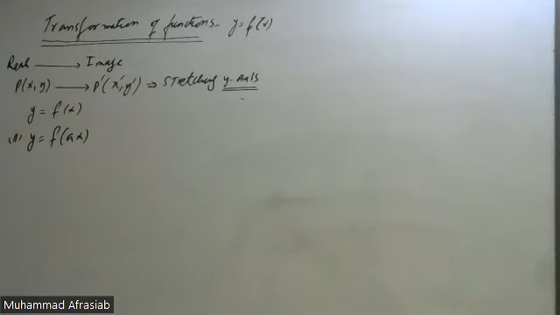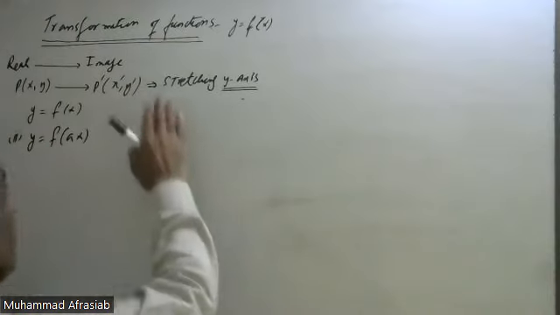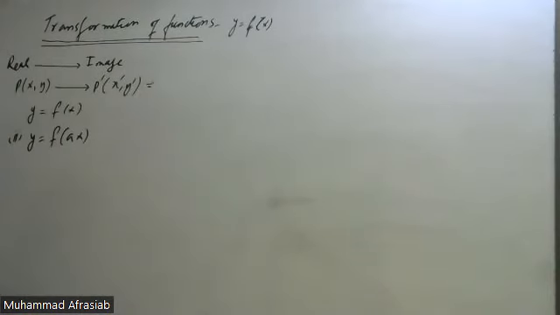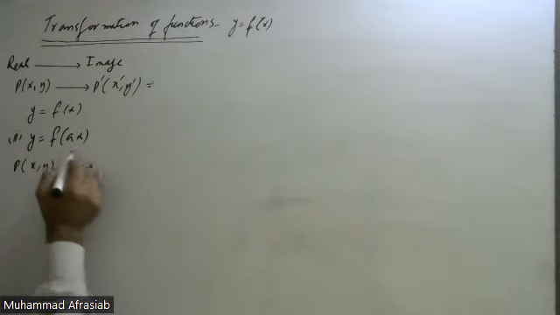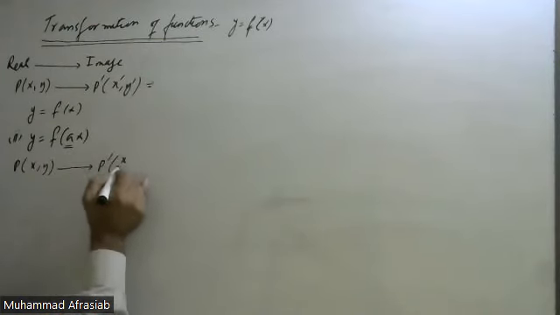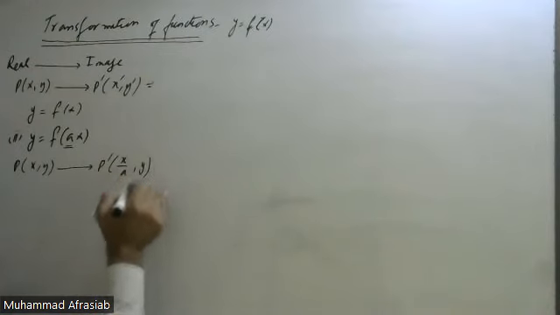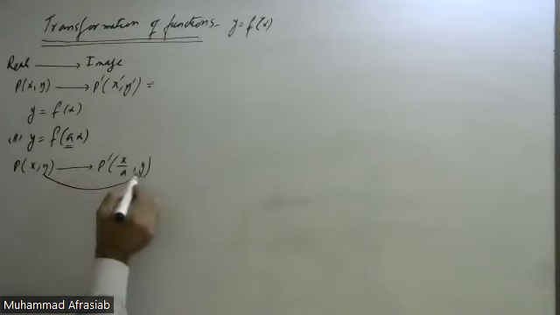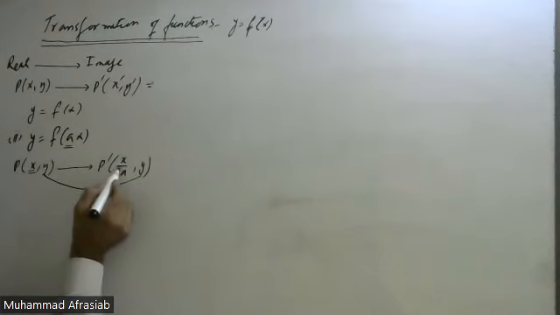According to the topic of transformation, if the point P is (x, y) with the factor a, the image point will become (x/a, y). So in this case the y coordinate remains the same, whereas the x coordinate becomes 1 over a times its value.